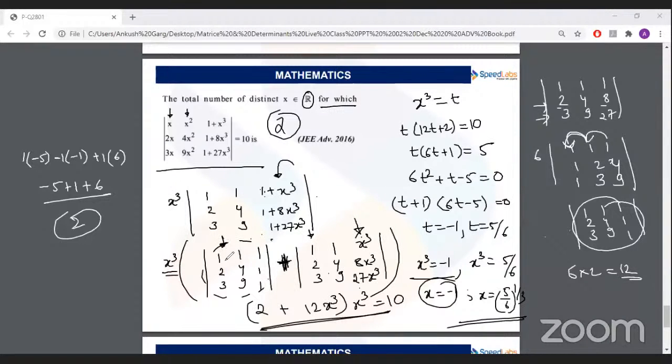Either you add any one particular row or any one particular column. If you want to add two determinants, then you can add elements of only one row or only one column.